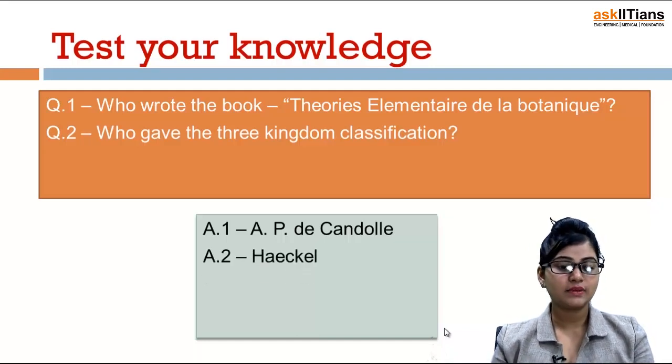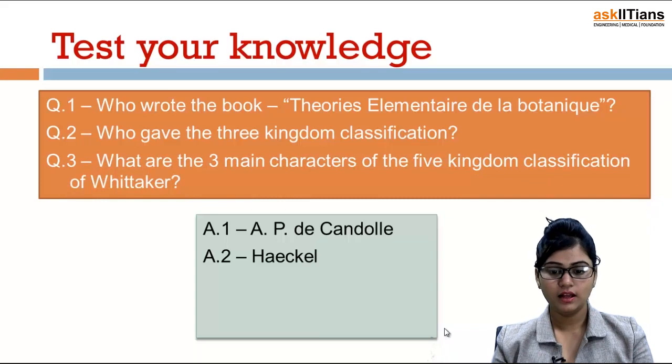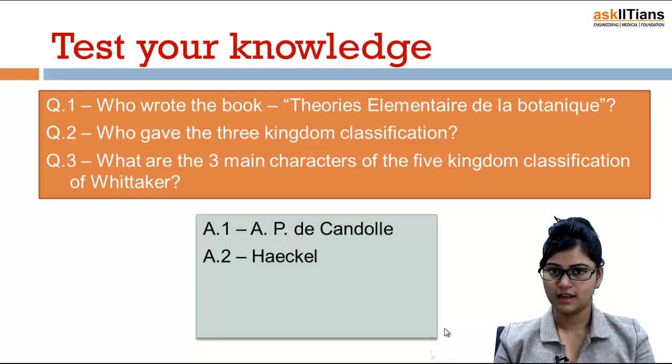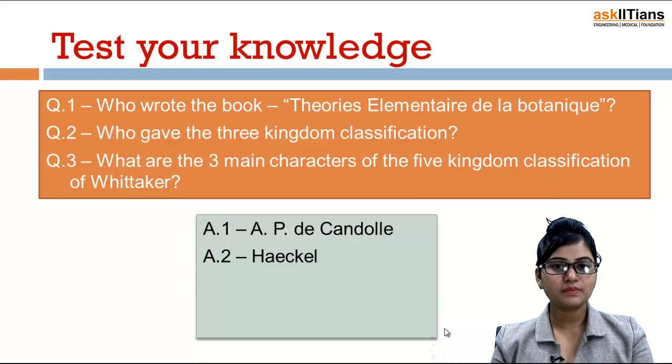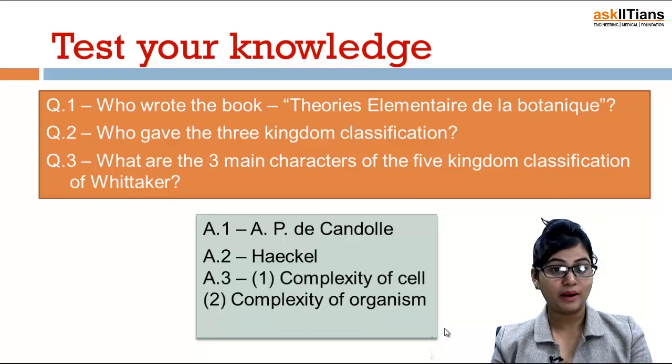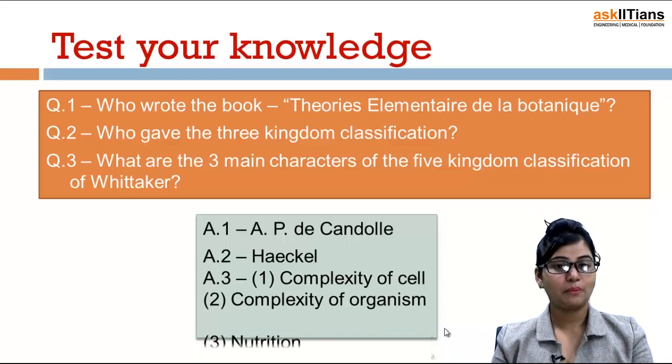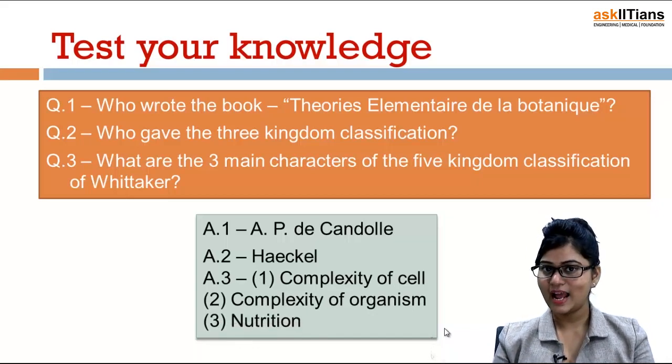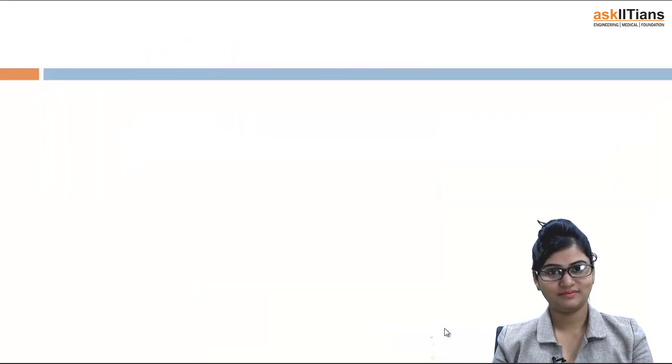The 3 kingdom classification was given by Haeckel and the 5 kingdom classification was given by R.H. Whittaker. What are the 3 main characteristics of the 5 kingdom classification of Whittaker? Correct: complexity of cell, complexity of organism, and nutrition.